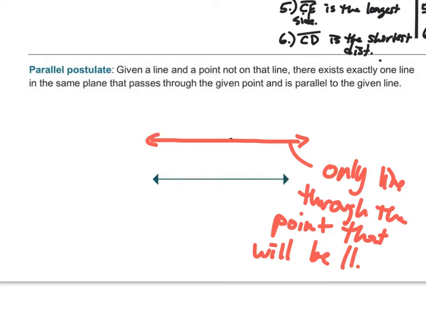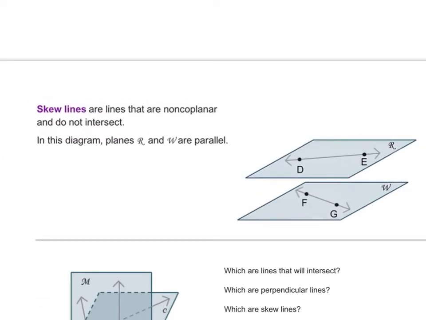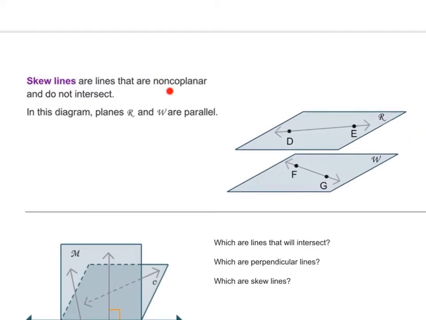Next page. We have this thing called skew lines, and skew lines are kind of weird. They are lines that are non-coplanar and do not intersect. In this diagram, plane R and plane W are parallel, so think of this plane as the ceiling and this plane as your floor.